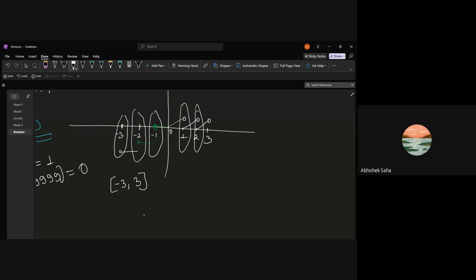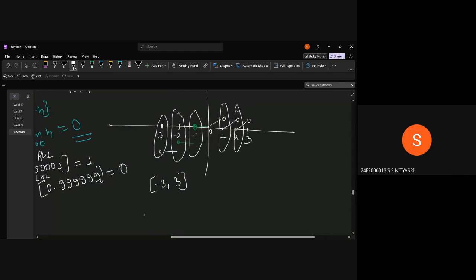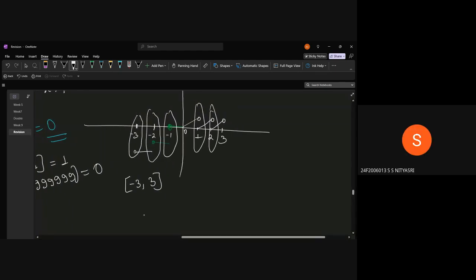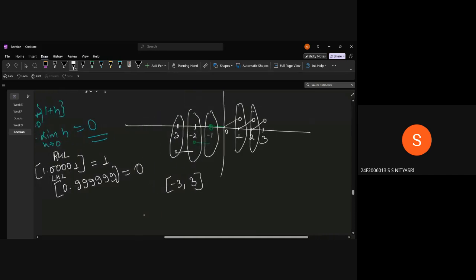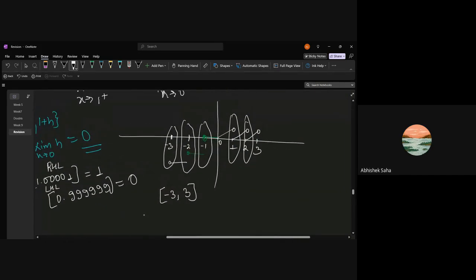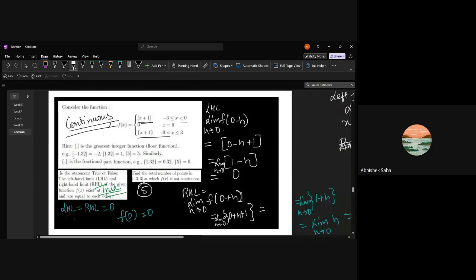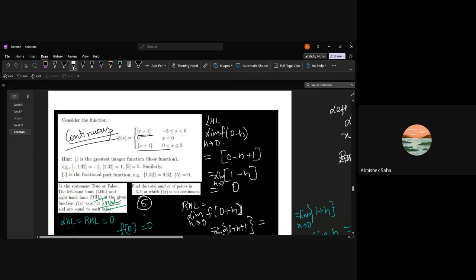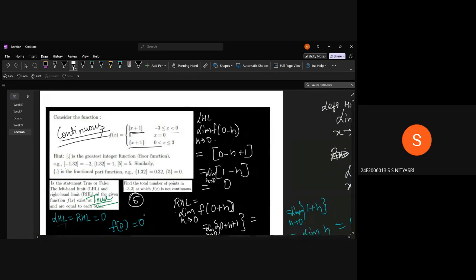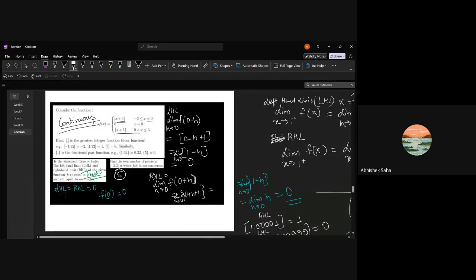Clear? Sir, how can you say that at integers this function is discontinuous? Okay, tell me, check the left hand limit and the right hand limit at integers. For a function to be discontinuous, how can you identify it?